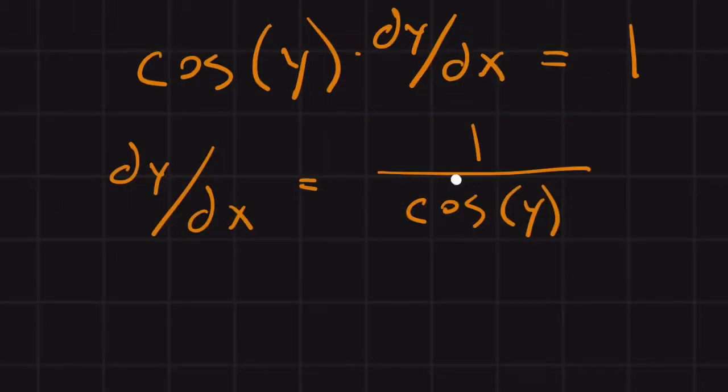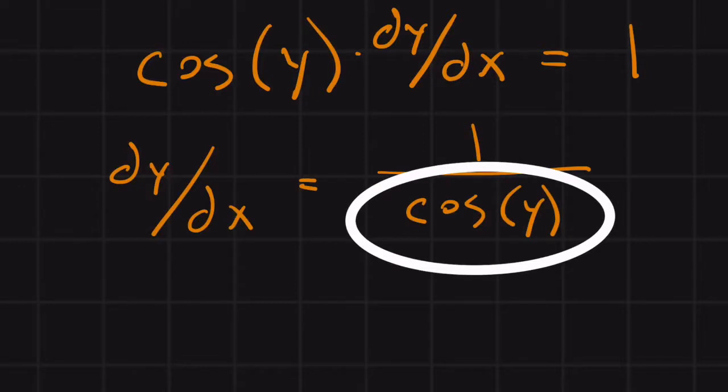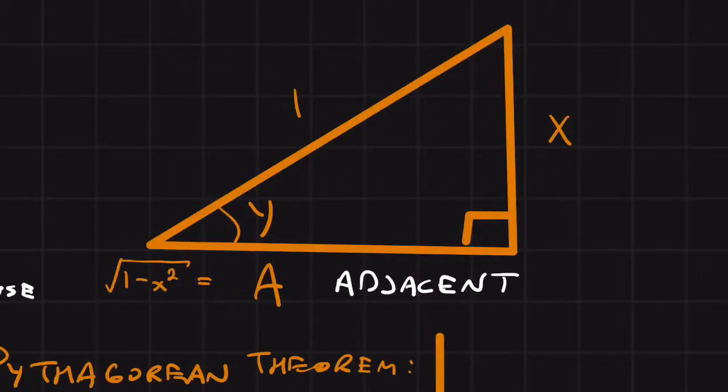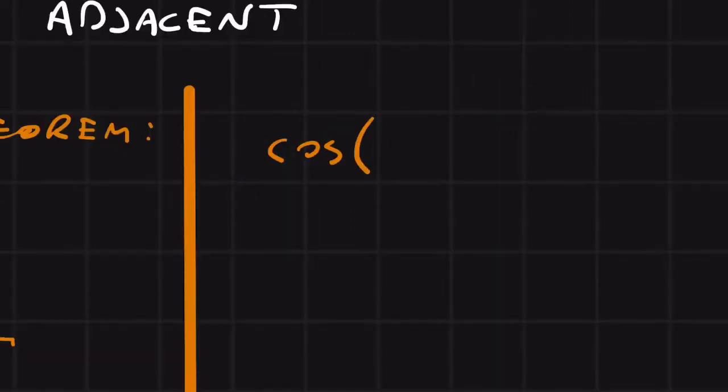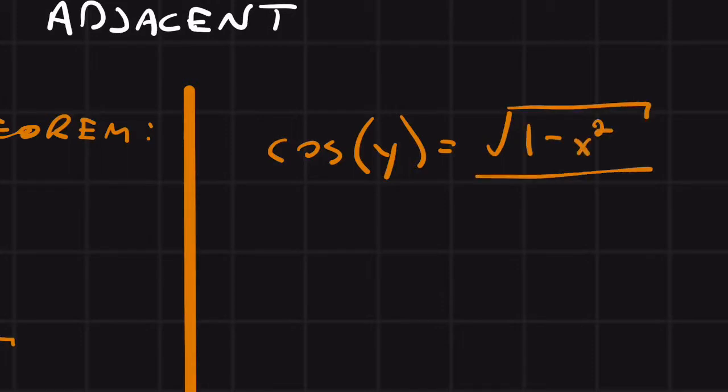Our goal is to try to figure out another way to write cosine of y. And to find the cosine of y, we're going to use this right triangle that we now have completed. Cosine is equal to the adjacent divided by the hypotenuse. So for our triangle, cosine of y would equal the adjacent, which is the square root of 1 minus x squared, divided by the hypotenuse, which is 1.